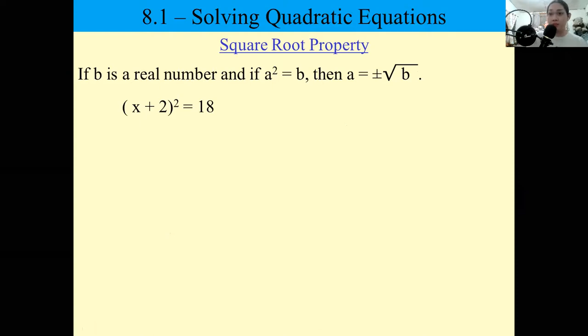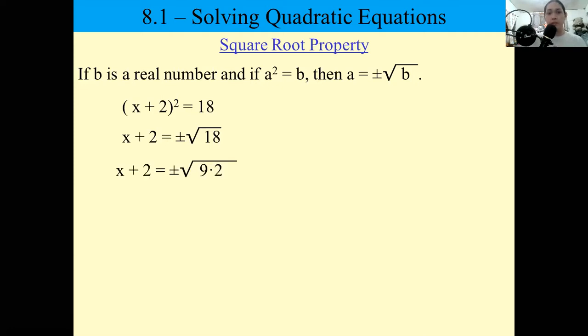This can be solved using the square root property, because you can take the square root of both sides of the equation. That gives you x plus 2 is equal to positive and negative square root of 18. We all know that square root of 18 can be factored as 9 times 2.